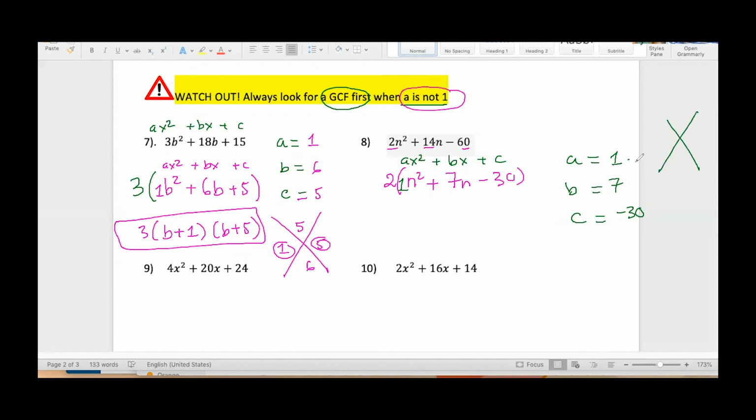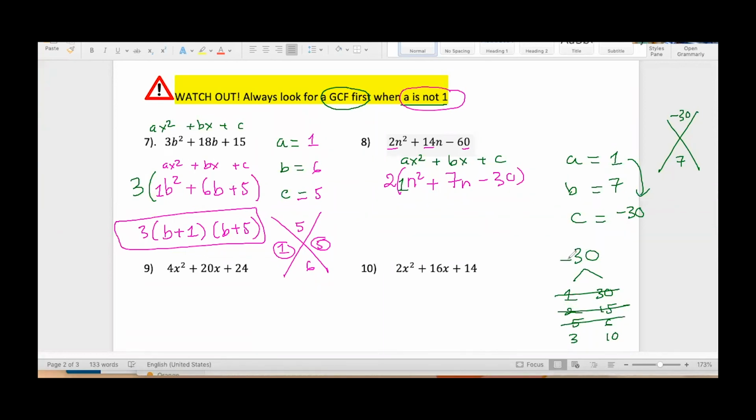A times C gives you negative 30. And B right here is 7. Well, in your thinking head, what's going to be a factor of negative 30? 1 and 30. I always start with 1. 2 and 15, 5 and 6, 3 and 10. If I want to get to 7, it's not going to be this, not this, not this, only this, right?